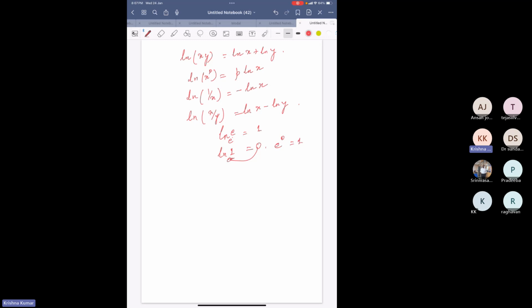We can prove each one of them. That's not our job now, but these are some of the logarithmic rules that you would use. So if I now write log of 3 power 4, I will use this rule to write 4 log of 3. Logarithms are very, very useful to us.